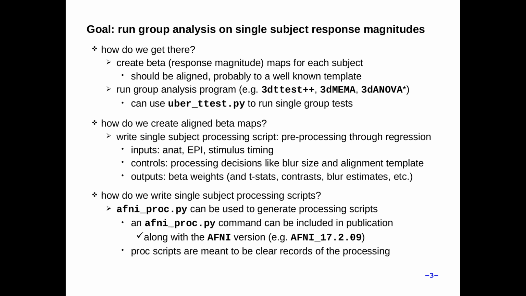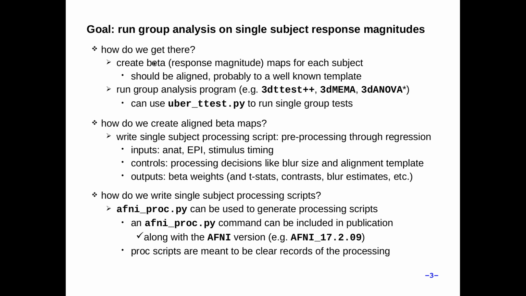Say you're going to stimulate the subjects while they're in the scanner, and we'll try to get estimates of the magnitude of the BOLD responses to our stimuli, just to make some claims about how the brain may work. And once you get these beta weights for each subject, you want to run some group analysis. So how do we get there?